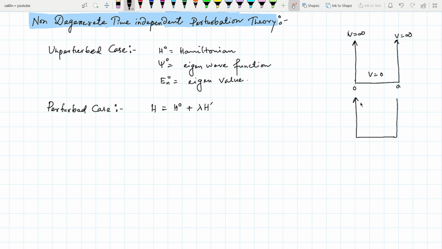H dash is a small change, the perturbed term.